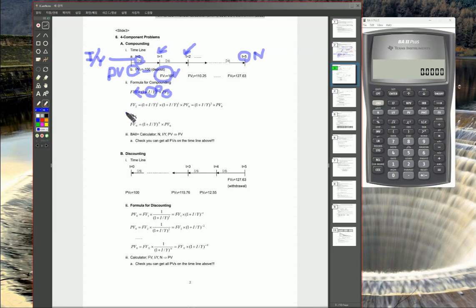And if we are looking for a future value at the end of the second period, which is t equals 2, like here, then you need to have the periodic rate, I/Y, and number of periods, which is 2 in this example, the present value, and you should be able to find out the future value. This type of question is called a compounding problem.